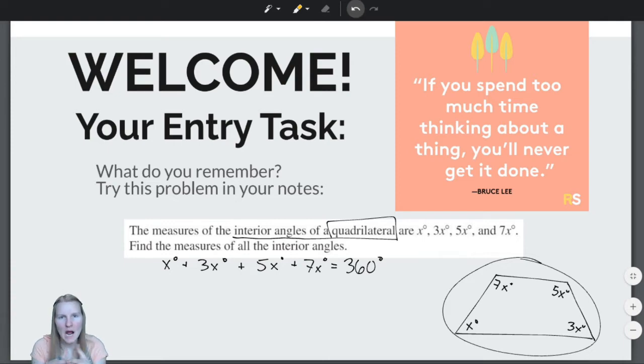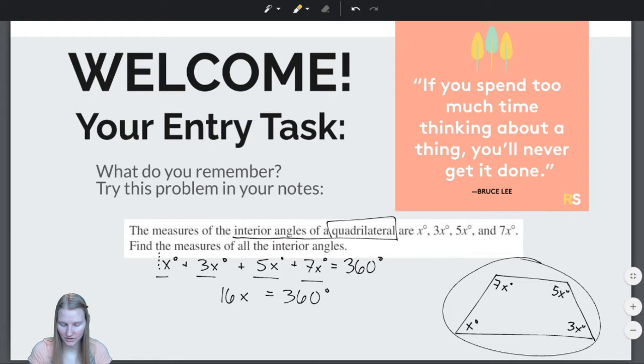Now, let me combine my like terms. Everything that has an x in it, I can combine. So I have 1x plus 3x plus 5x plus 7x. 1 plus 3 plus 5 plus 7 is 16, so I have 16 x's. I just added the numbers in front of the x's, and that gave me 16.